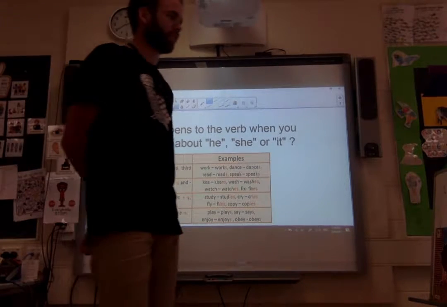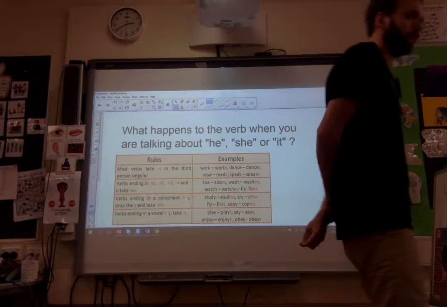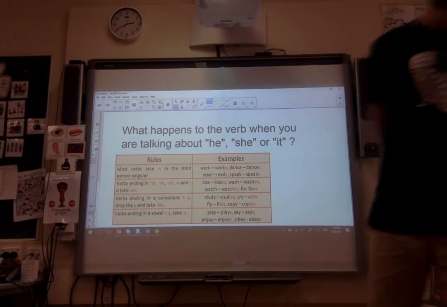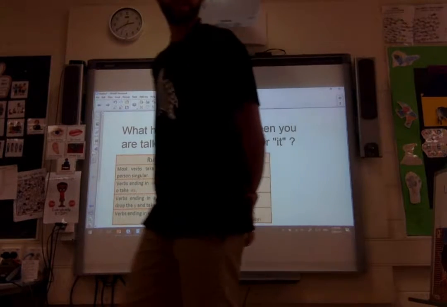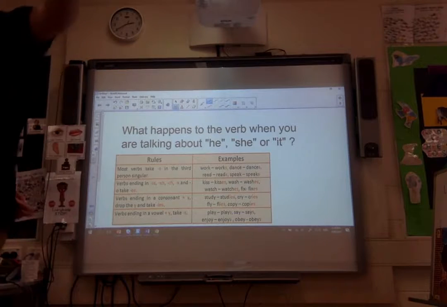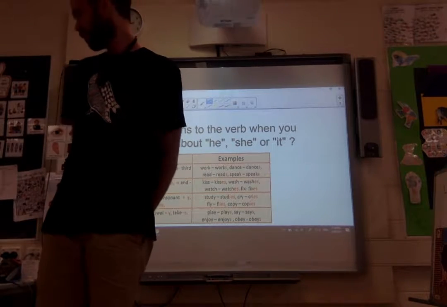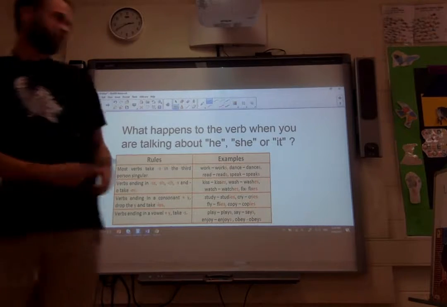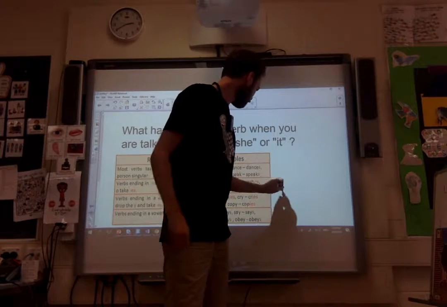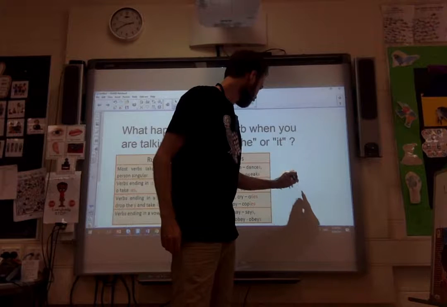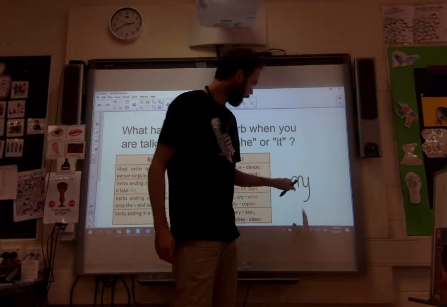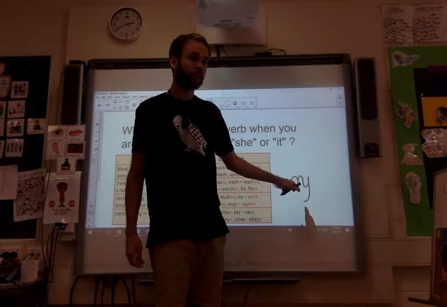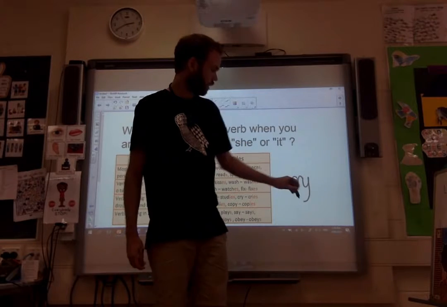Have a think about some different verbs that you might know. Okay. Carry. Carries. So we have carry, we have our consonant R, and we have our Y ending.